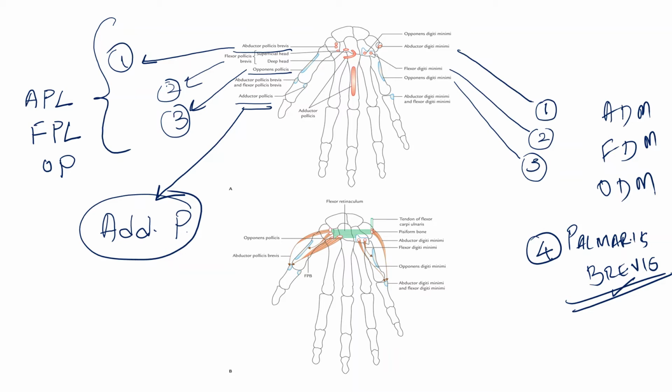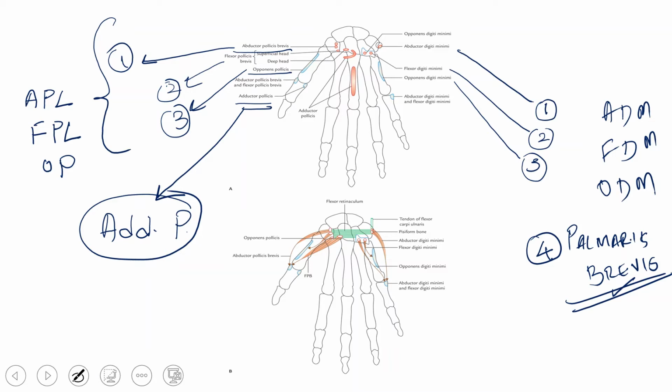Now we will look at the attachments of each muscle carefully. One common attachment, that is the origin of almost all the thenar and hypothenar muscles, is the flexor retinaculum.